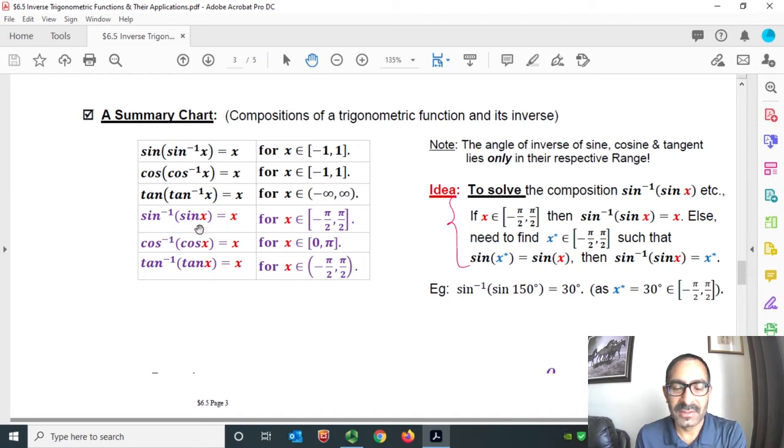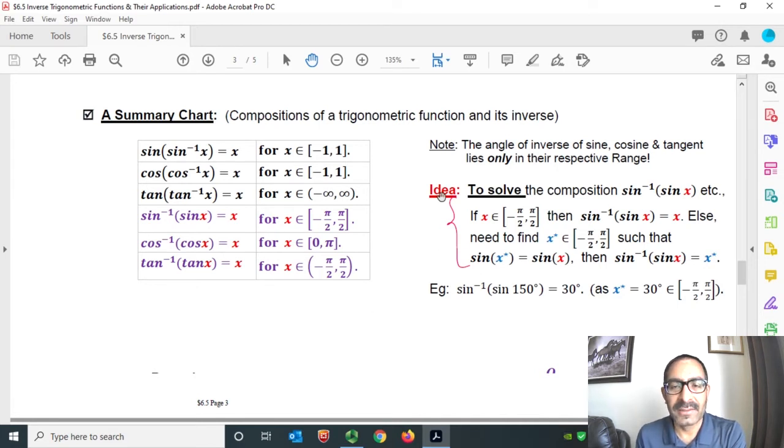The inverse sine function's range is minus pi half to pi half, so that means the first quadrant and fourth quadrant. The range of cosine inverse is 0 to pi, that's the first quadrant and second quadrant. The inverse tangent function's range is minus pi half to pi half, that's again the fourth quadrant and first quadrant.